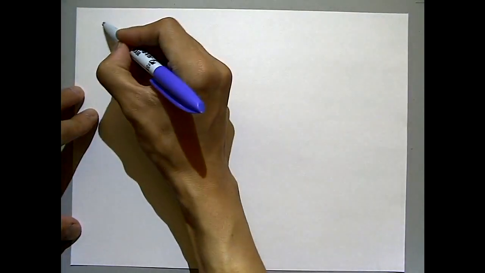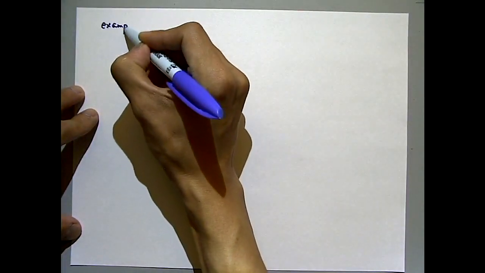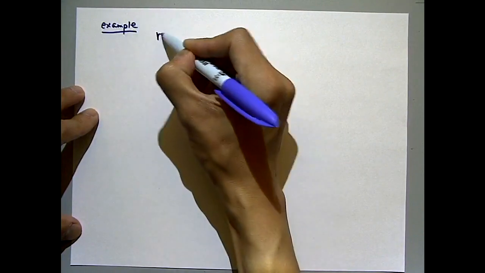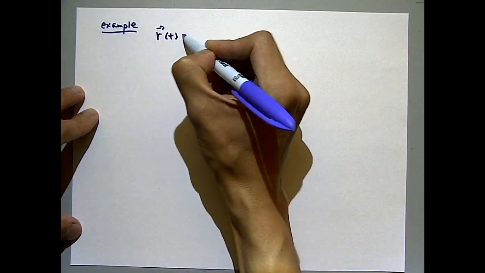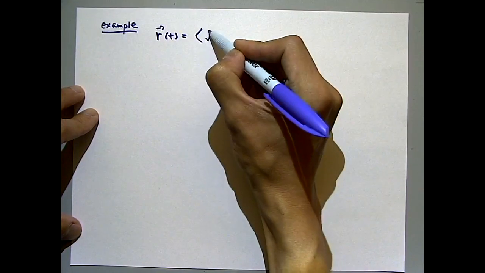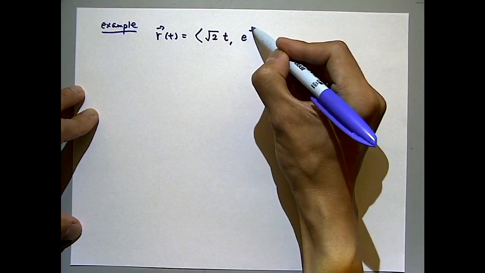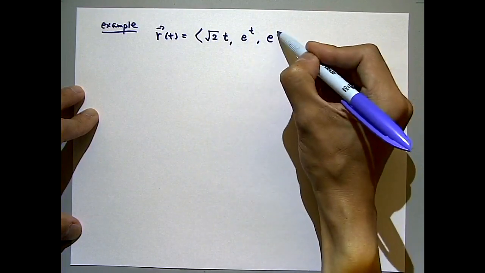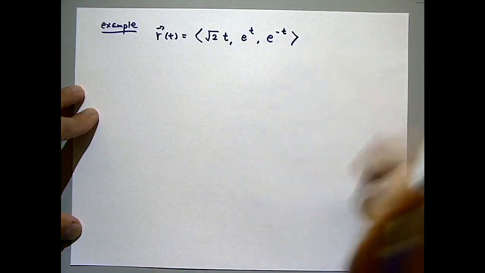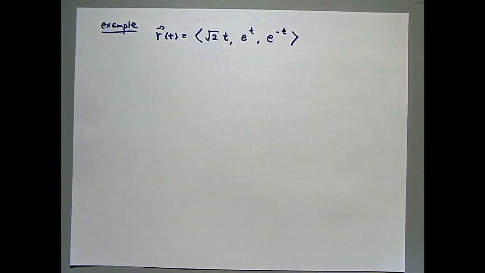So, okay. Let's look at this next example then. This time the position vector is radical 2t, e to the t, e to the minus t. Does that function look familiar?